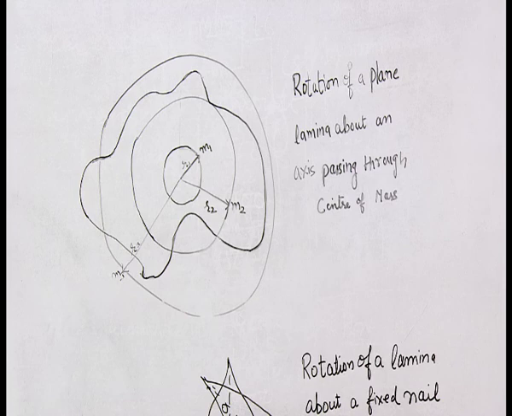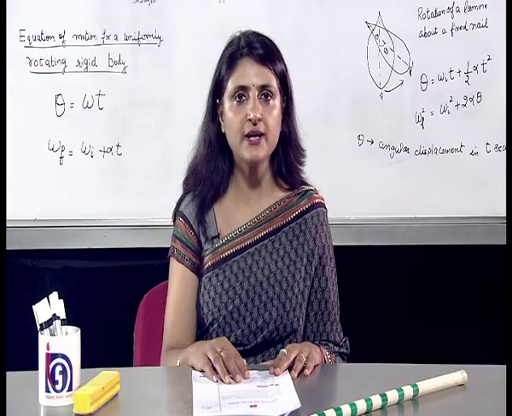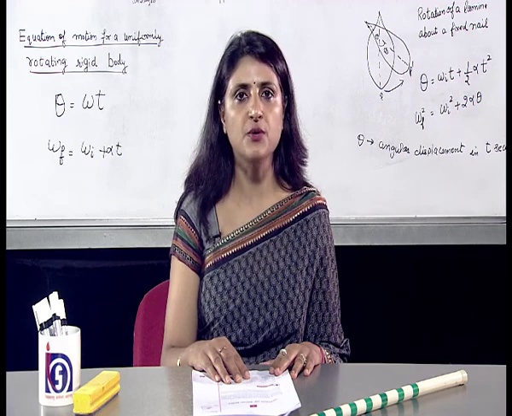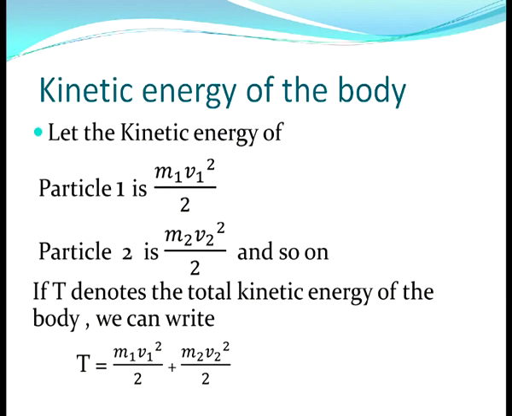When this plane lamina is rotating, we will consider each particle moving with its respective velocity v1, v2. Now, let us calculate the kinetic energy of particle 1, which is equal to m1 v1 square by 2, the kinetic energy of particle 2, which is m2 v2 square by 2, and so on.